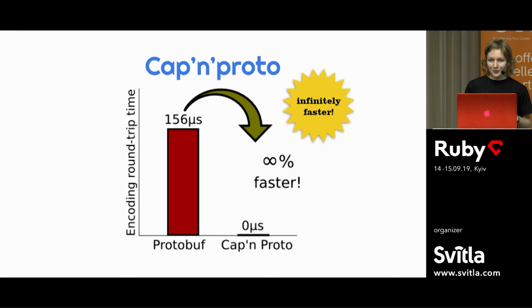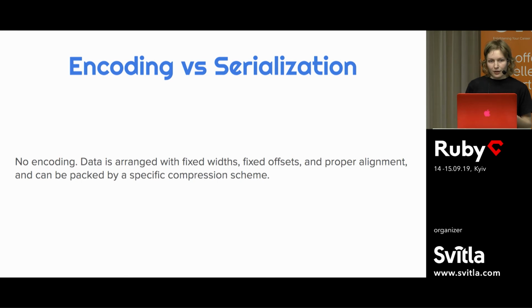So this is the image from their site. They're saying that this is infinity times faster because it doesn't spend time on the encoding. But we need to understand that encoding and serialization are not the same thing.